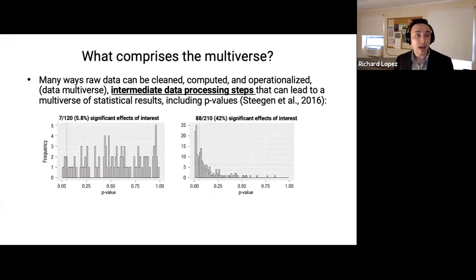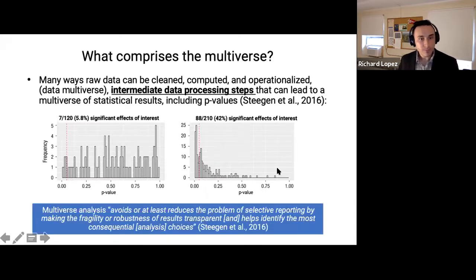So depending on the effect of interest, and whether it's a real effect or how strong an effect it is, if you plot the p-values, as Steegen and colleagues did, you can get very infrequent significant effects, or you can have the effects skewed in such a way that most of them, or at least more of them, are significant.